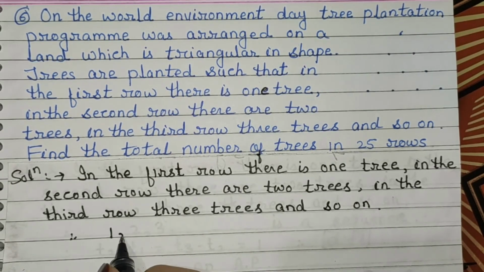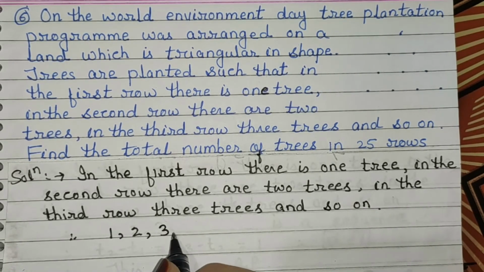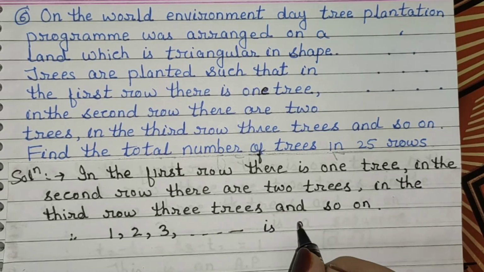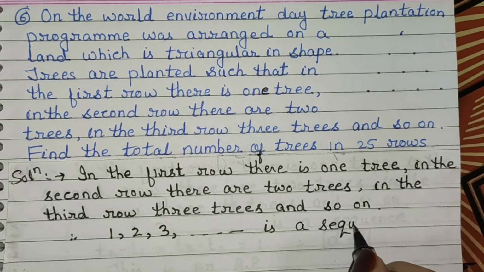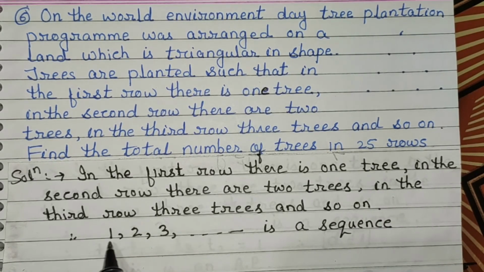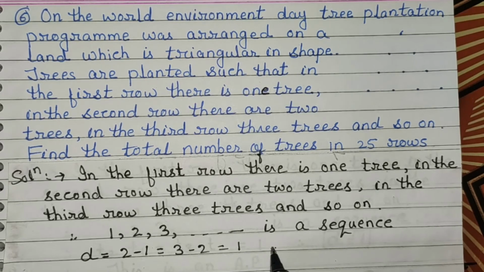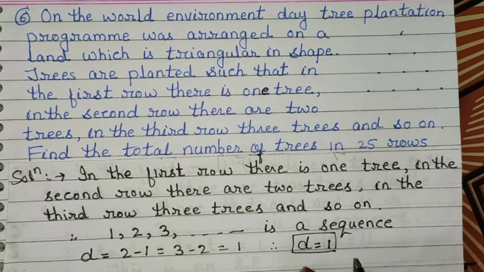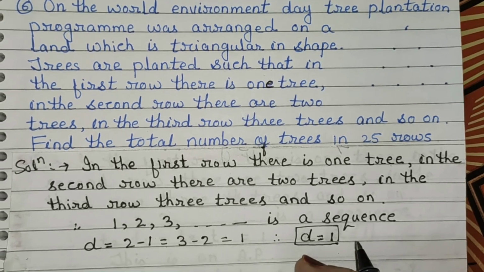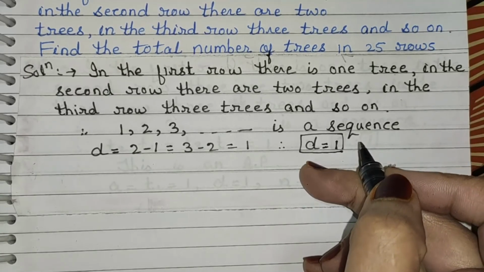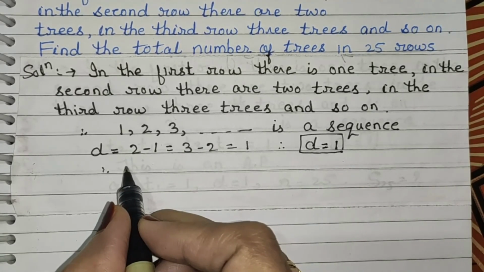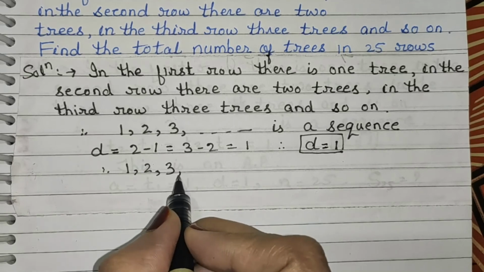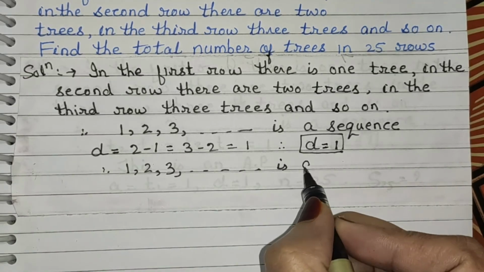Therefore, first row, second row 2 trees, third row 3 trees, and so on is a sequence. Now T2 minus T1 means 2 minus 1 is equal to 3 minus 2, which is equal to 1. Therefore, the value of d is constant here. It is common difference, which is equal to 1. Therefore, 1, 2, 3, and so on is an AP.